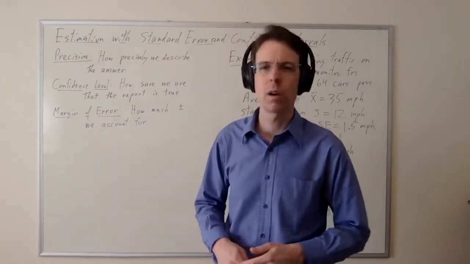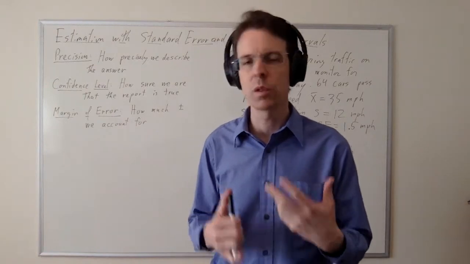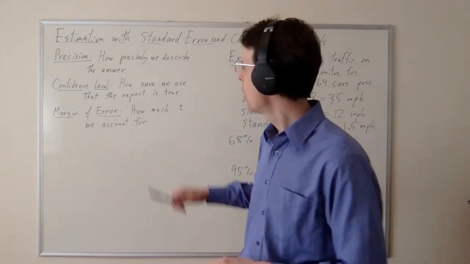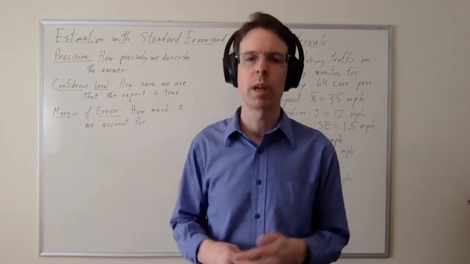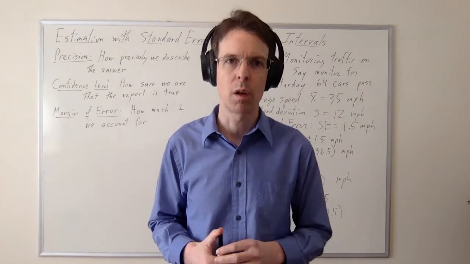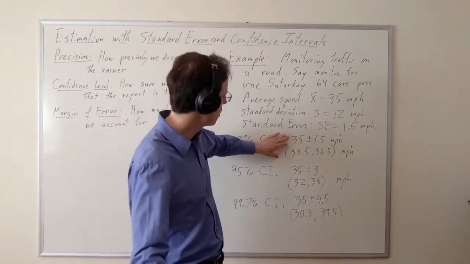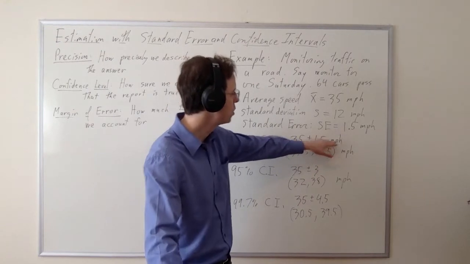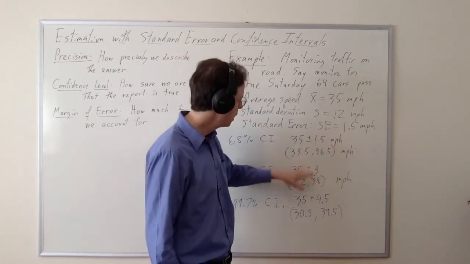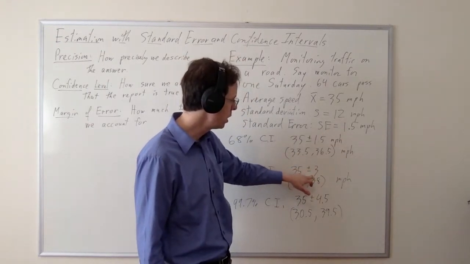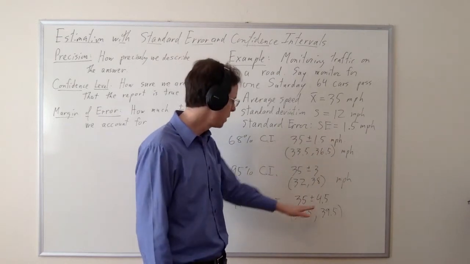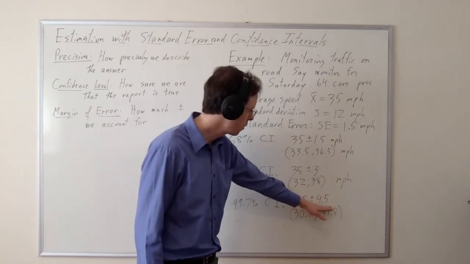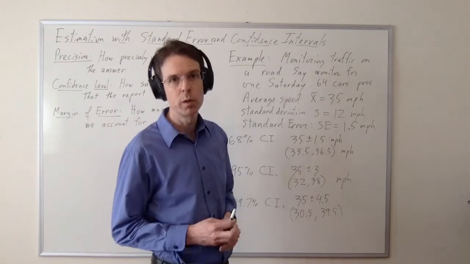Now, the margin of error is a confusing term because it's so closely related to the standard error. The margin of error is how much plus or minus we have to throw in order to produce our confidence interval. In this case, the margin of error is 1.5, which is equal to the standard error. In this case, the margin of error is 3, which is double the standard error. And in this case, the margin of error is 4.5, which is triple the standard error.